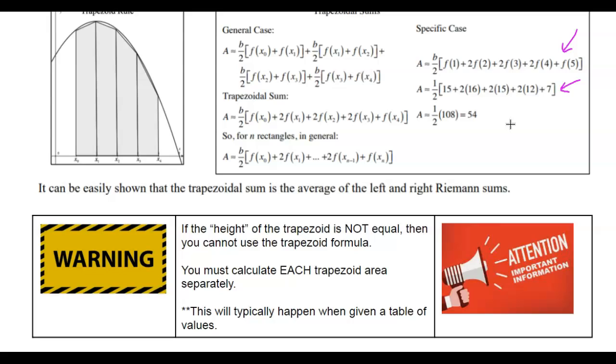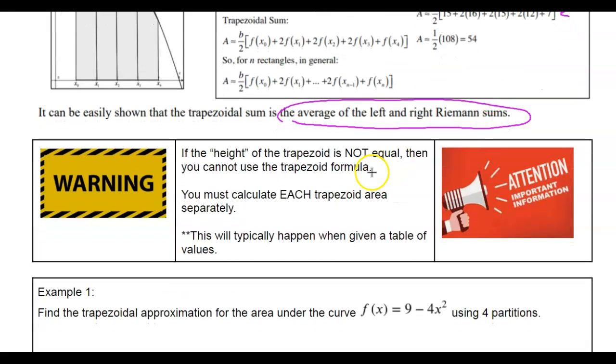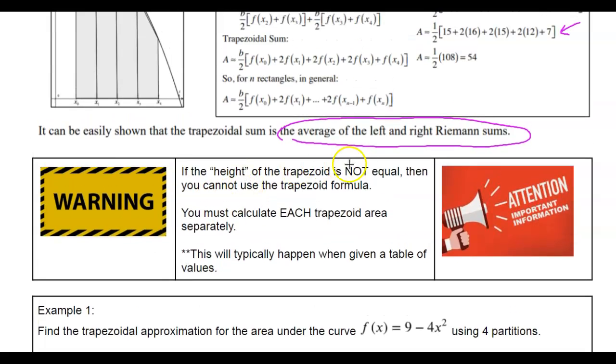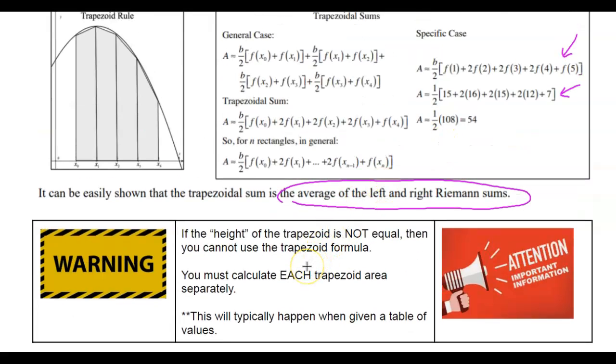The trapezoid, I said this about the midpoint, the trapezoid is the average of the left and the right Riemann sums, okay? Now, be careful. If the widths of the trapezoids are not equal, you cannot use the formula, okay? You would have to calculate each trapezoid area separately.